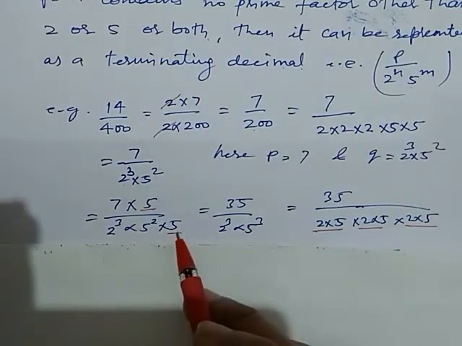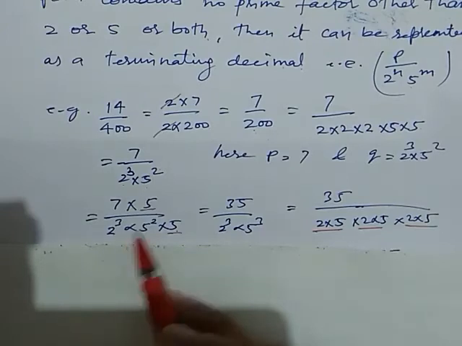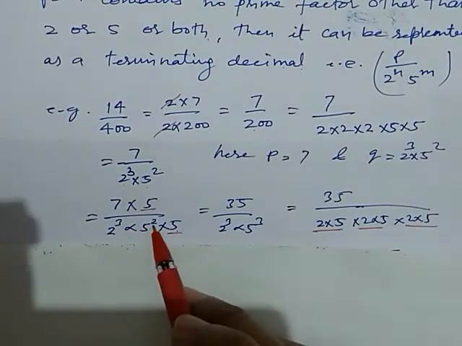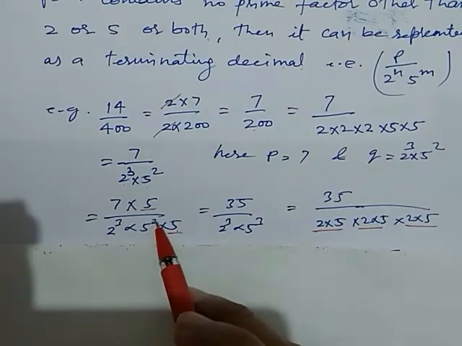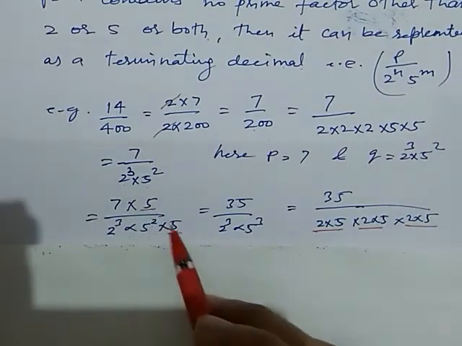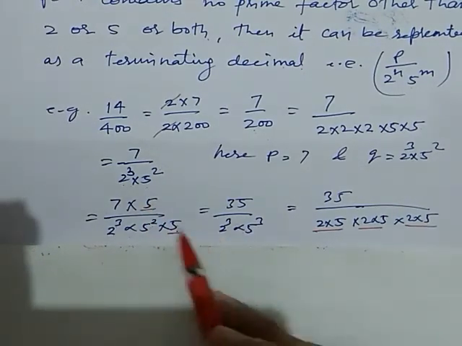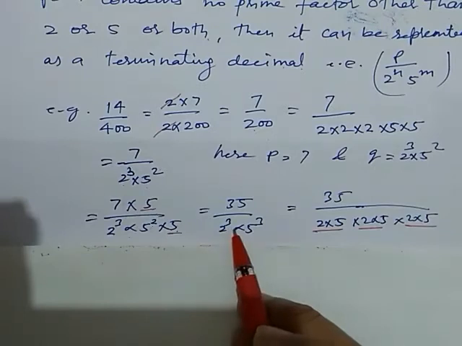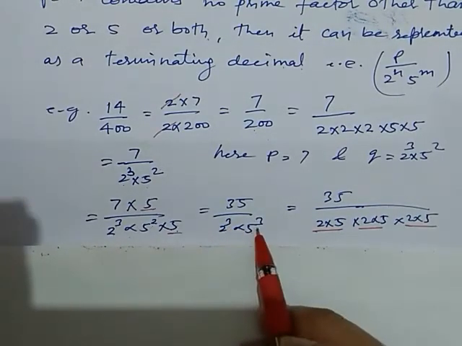Because we want to convert it easily into a decimal number. So what we have to do is just equalize the powers. Here this is power 3 and this is power 2, so first we multiply numerator and denominator by 5. That converts the denominator into the pair 2 to the power 3, 5 to the power 3.